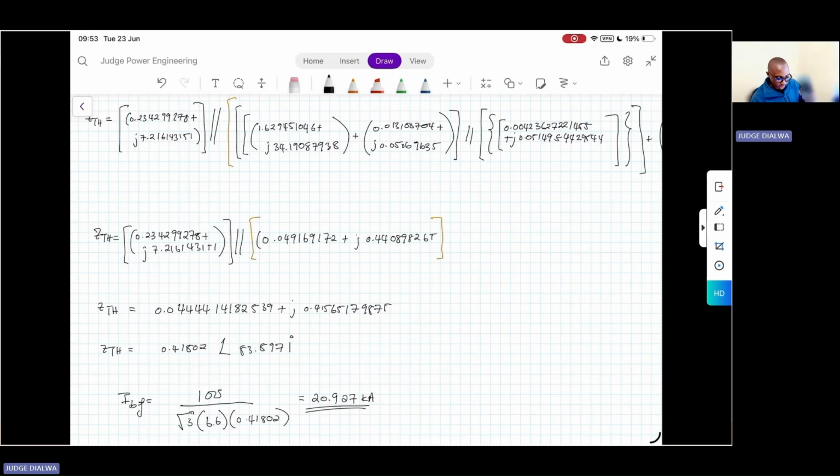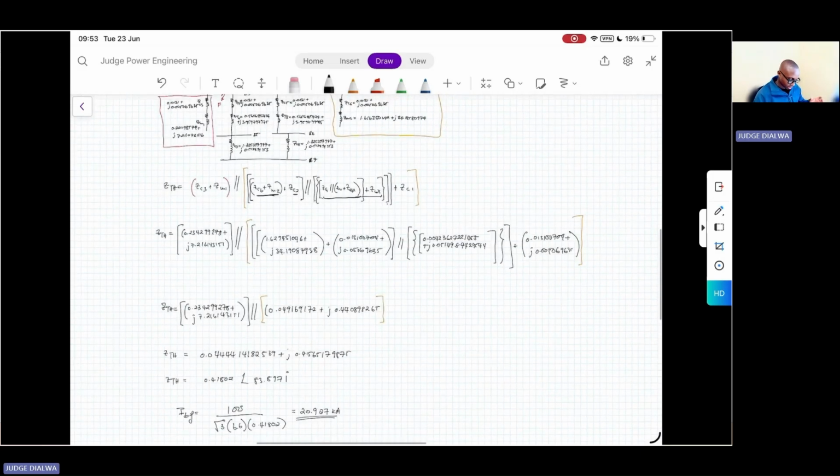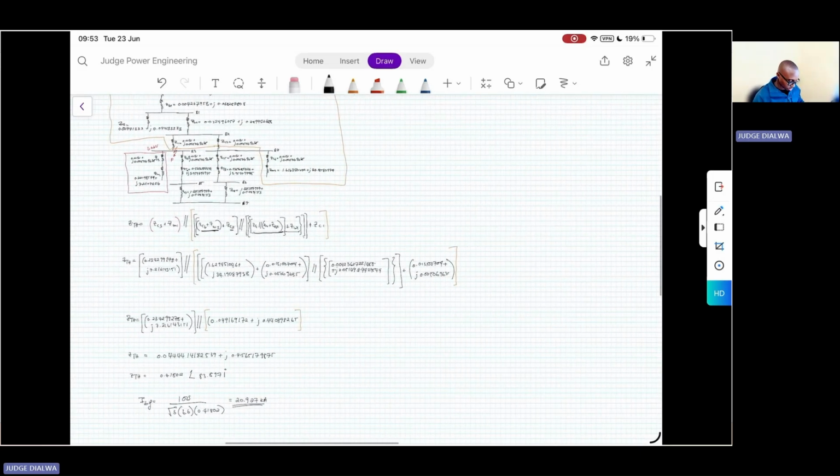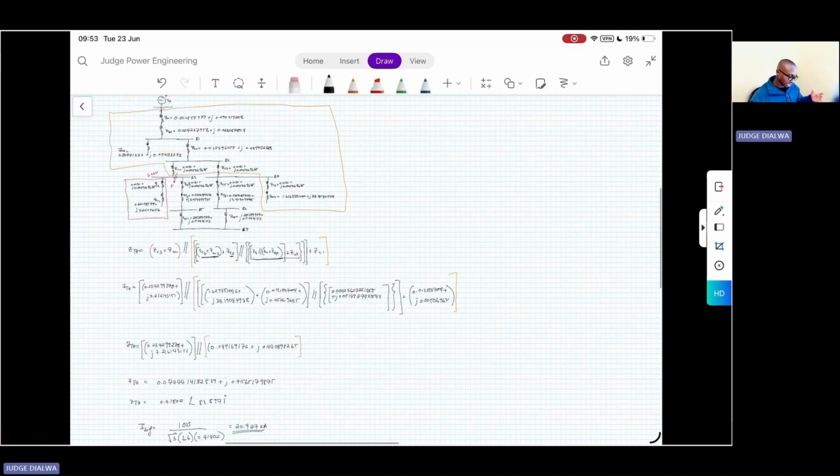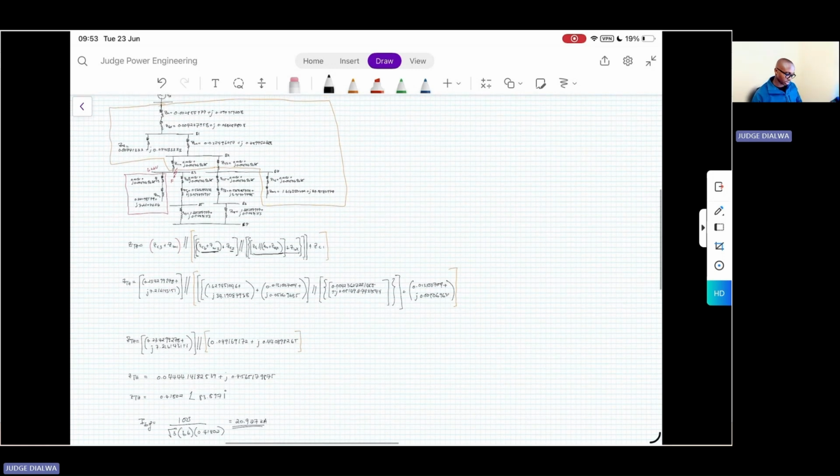Yes, so that's it, 20.927. So that's what I had to go through. That's the fun of the calculations. It can get a bit complicated with the brackets, but if we sit and confirm, that should get you this answer. And so we'll jump to ETAP and model this scenario and confirm our hand calculations.